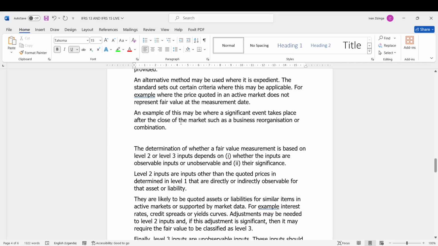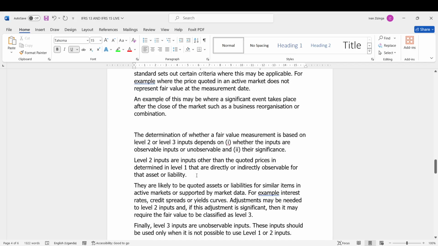Okay? You might find that there are prices on the market, but not identical to your asset. Probably you have interest rates. You need to attach them to your bonds, but you do not have identical bonds on the market.